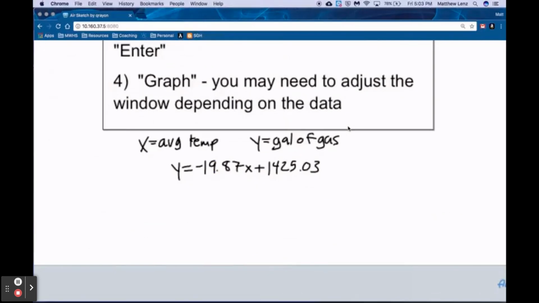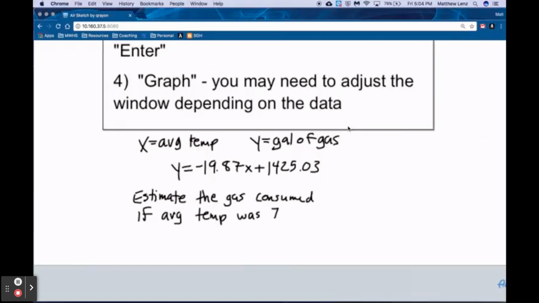So if we had a question that stated, estimate the gas consumed if average temperature was 75 degrees.